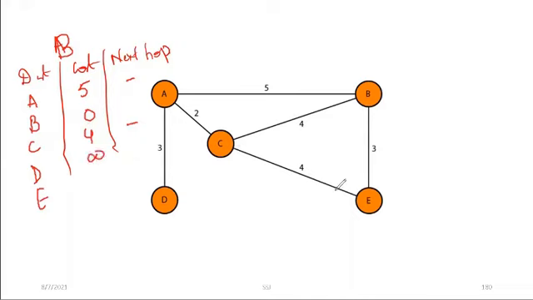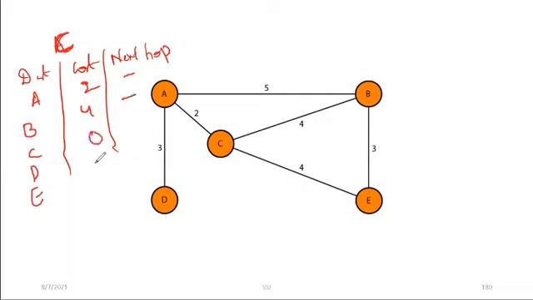And B to E, the distance is 3 and it is directly connected, so no next hop. After that, I will draw the table for C. Now C is connected to A, B, and E, so for these three we will have values. For A it is 2, B 4, C 0, D it is not connected so infinity, and E will be 4, with no next hop.